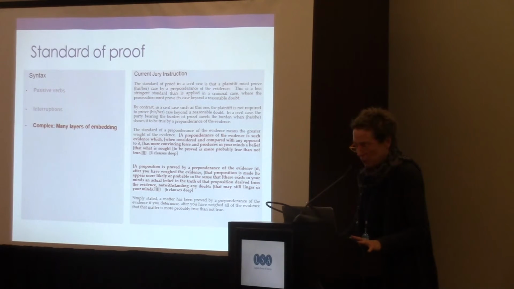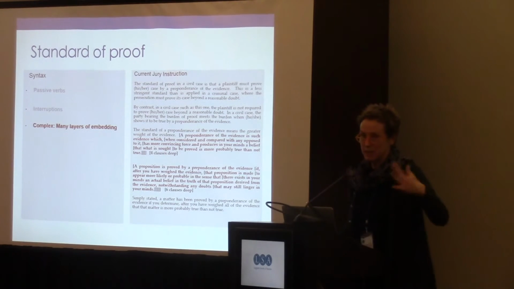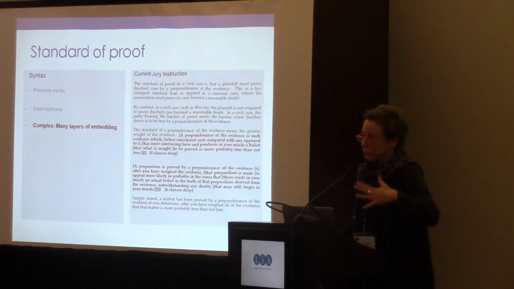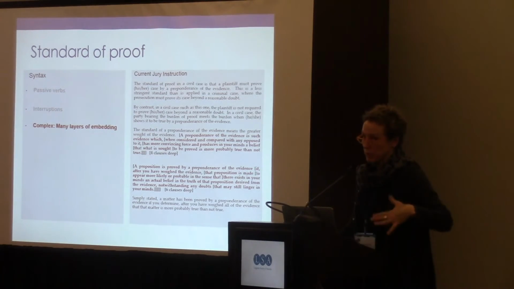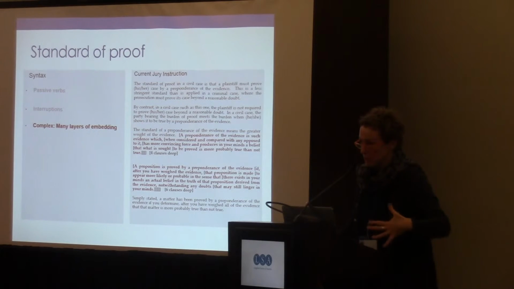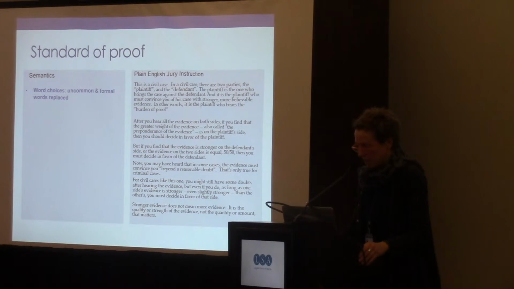And then, in addition to interruptions, which break up the syntax of the sentence and the flow, there are at least 2 places that have 4 and 5 relative clauses within relative clauses deep. I'm not going to ask you to read this, but they're really hard to parse, and that causes people to really not understand what's going on.